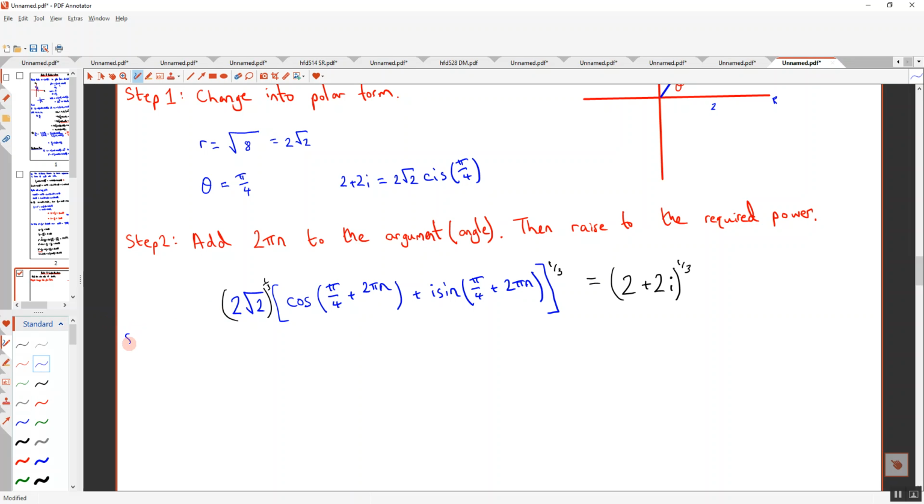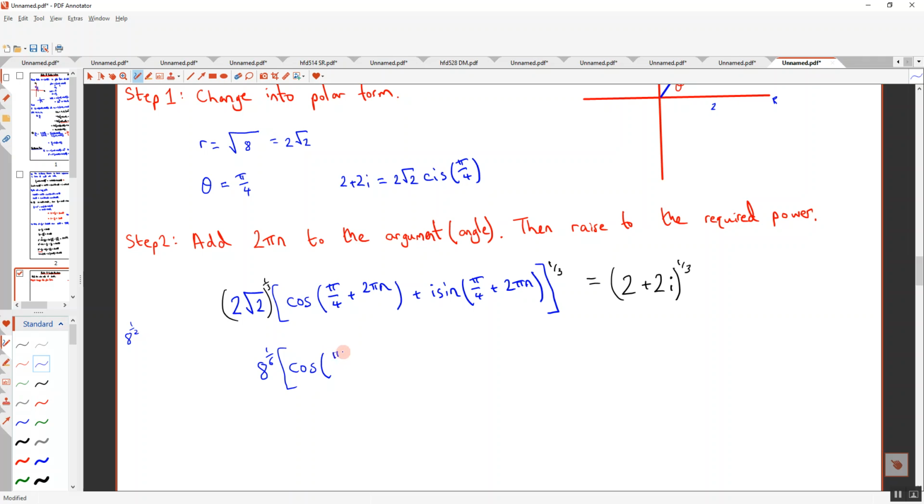Okay. Now this is probably why it would have been easier to leave this as root 8, because root 8 is the same as 8 to the half, yeah? So 8 to the half to the power of a third is 8 to the 1 over 6. Okay, so it would have actually been easier just to leave that. And then I can use de Moivre's theorem. I'm going to take the third and multiply everything in the angle by it, yep.